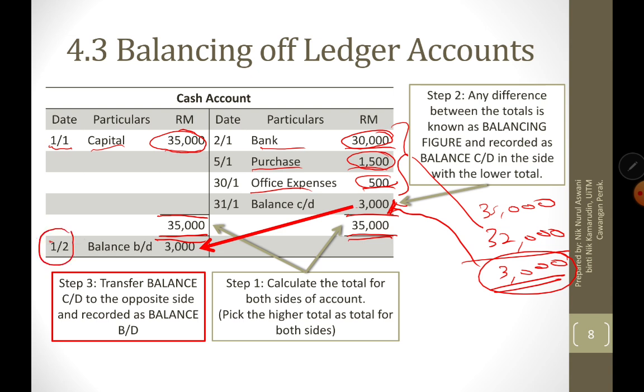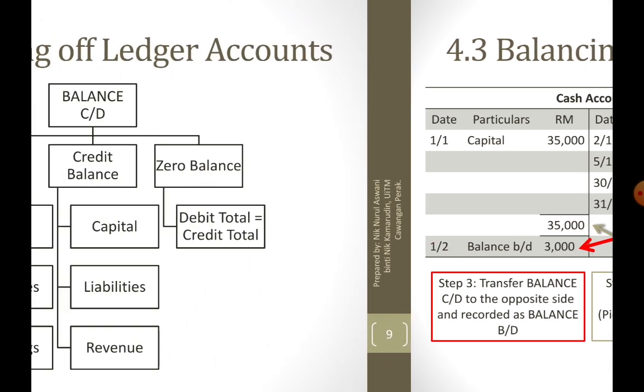The date is 1st February, the next accounting period. 1st February, balance brought down 3,000 ringgit. We will bring this amount to the trial balance. This one I will show you in a later lesson. So for this session I will stop here.